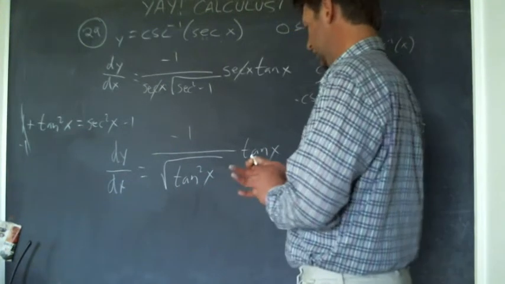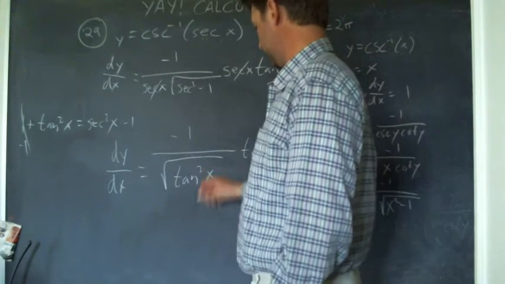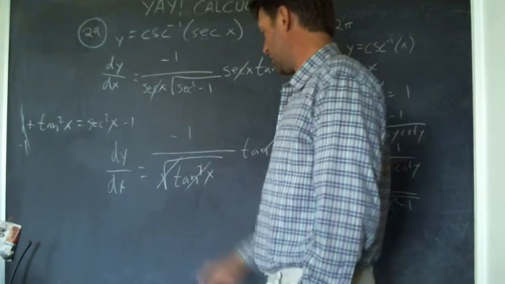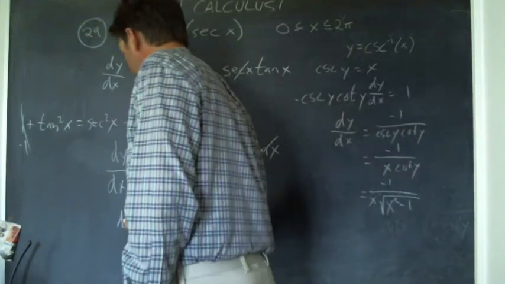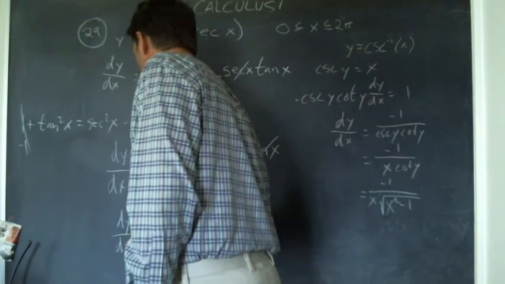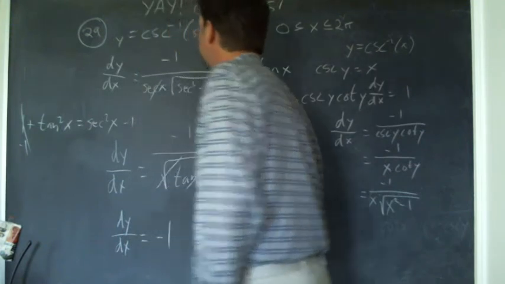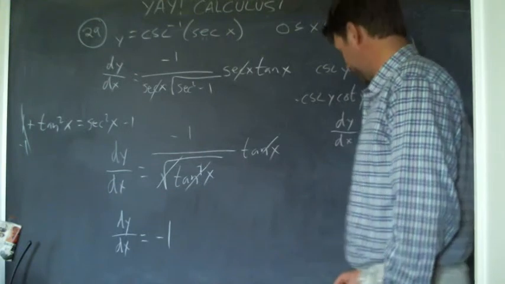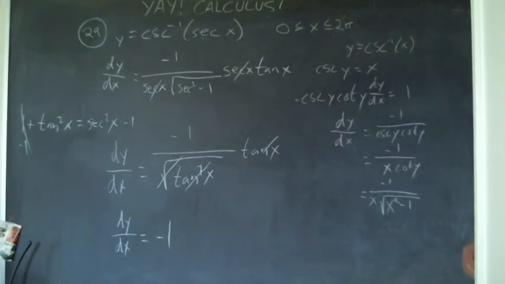Might come out very nicely. Square root and tangent squared go. Tangent and tangent go. So dy/dx was negative 1. That'll work for us. Rounding off number 30.